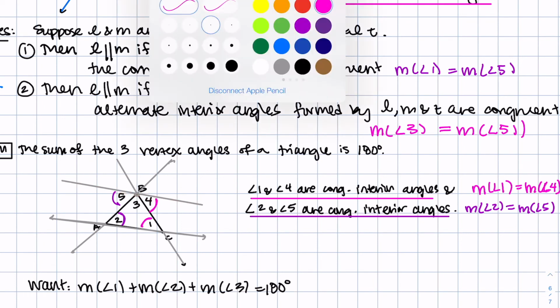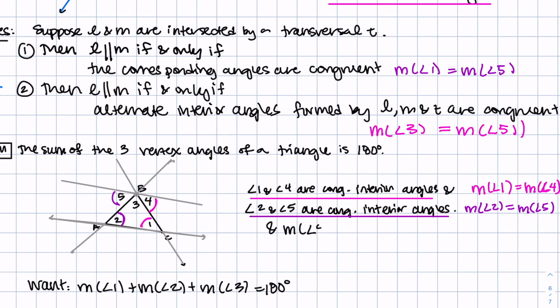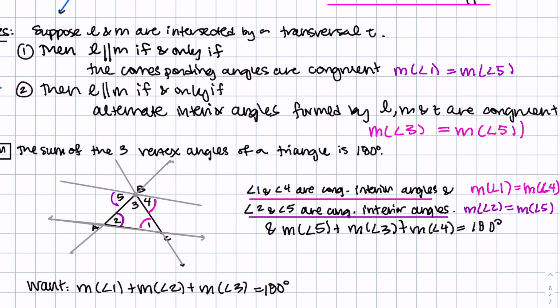Okay, so let's go ahead and we have the measure of angle 5 plus the measure of angle 3 plus the measure of angle 4 should equal 180 degrees.